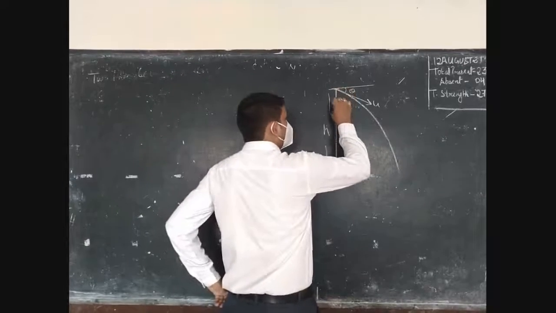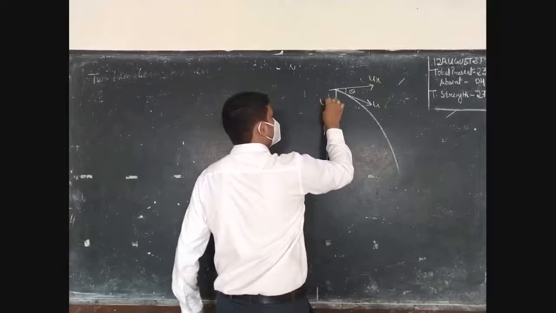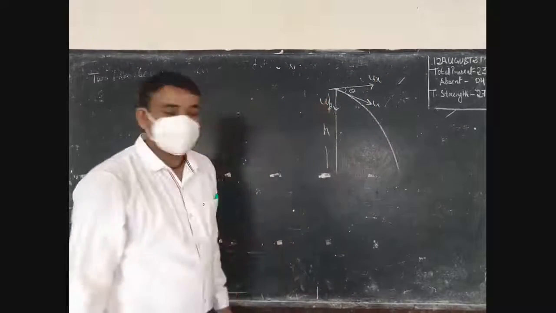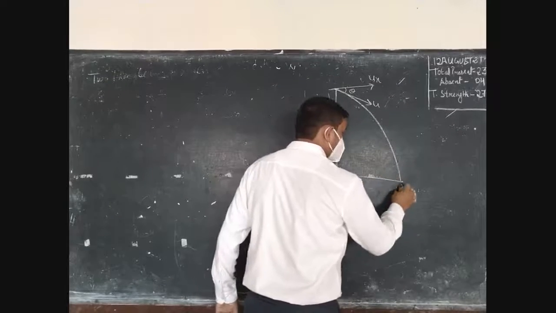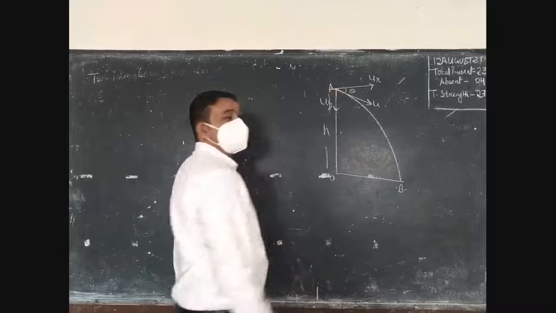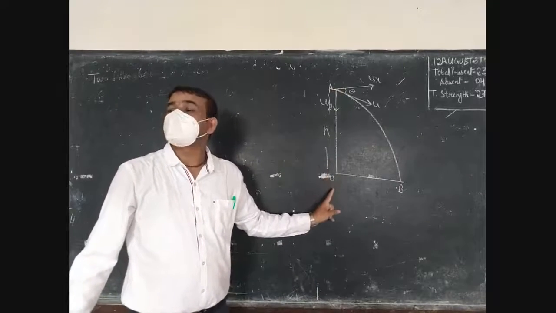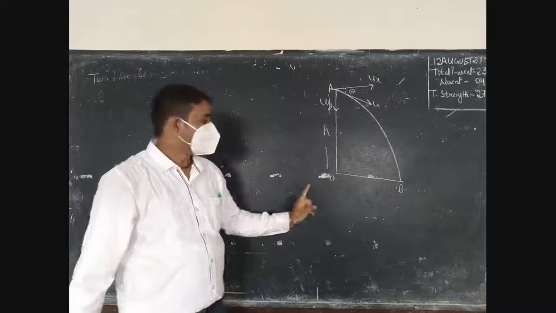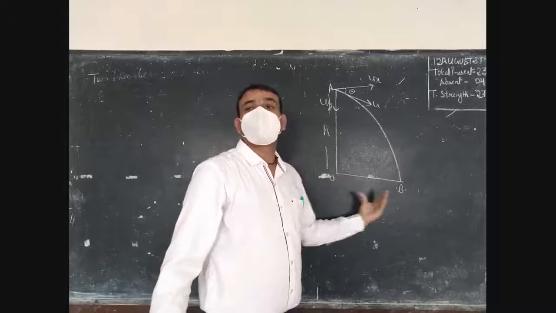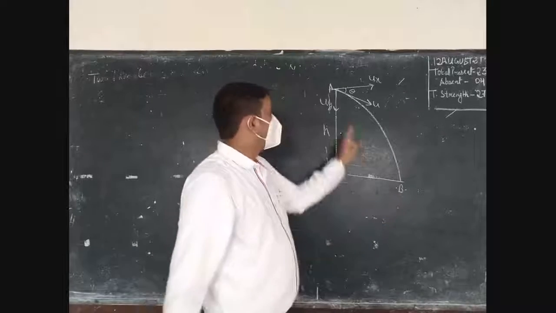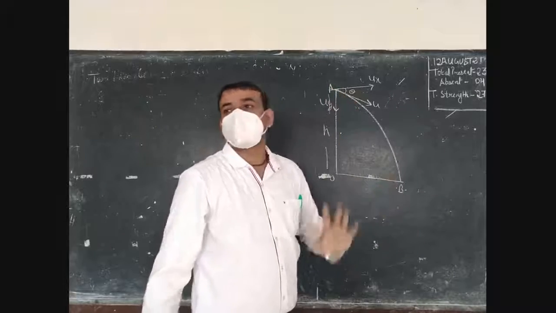So here we have two situations. This one is ux and this is uy. Let's first understand everything related to this. This is the starting point, and this is the foot of the starting point. This OB is the horizontal range, or horizontal distance covered by the projectile when thrown from this point A and striking the ground.